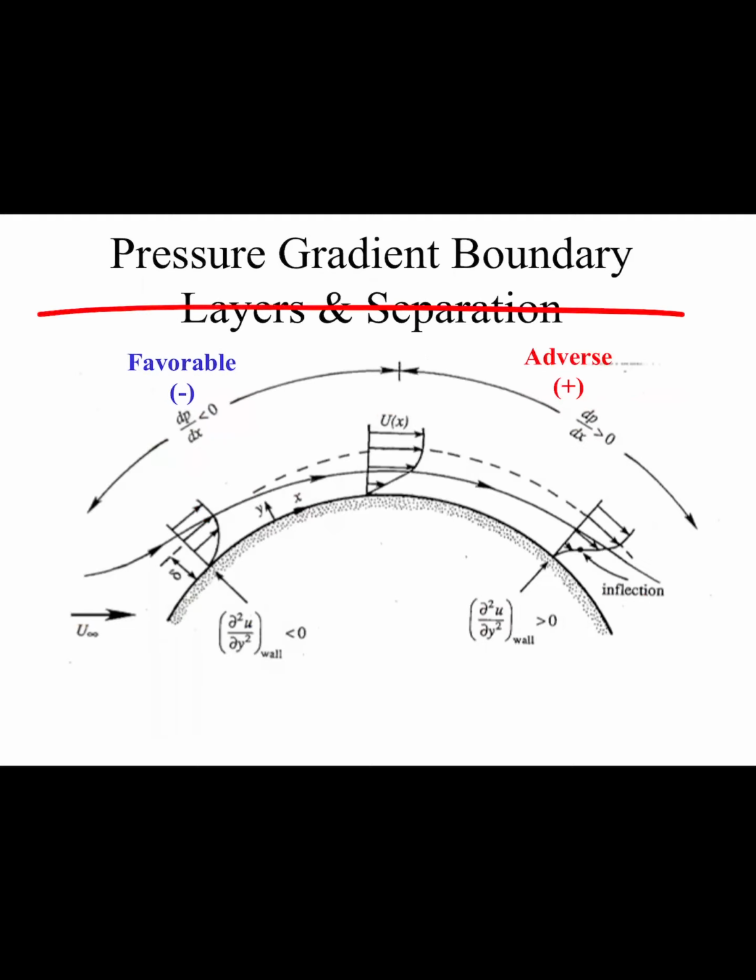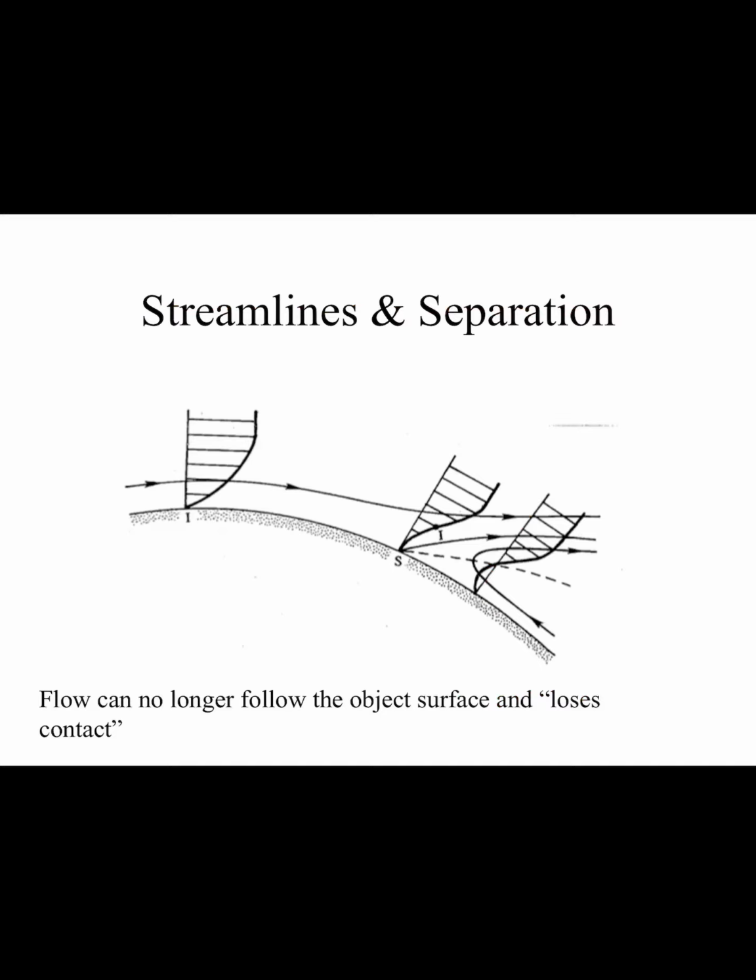Before we had a wall here, but the flow accelerates as it goes over the top of this sphere or cylinder, and as a result we have an increase in velocity. Then as we move down the other side, the flow is decreasing near the wall, and ultimately we'll have this inflection point that occurs here, and then we'll have du/dy equal to zero at the wall, and that's where separation will occur.